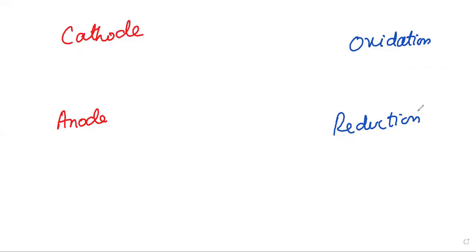And then in oxidation, there is loss of electrons. Good. All right, so oxidation is loss of electrons.